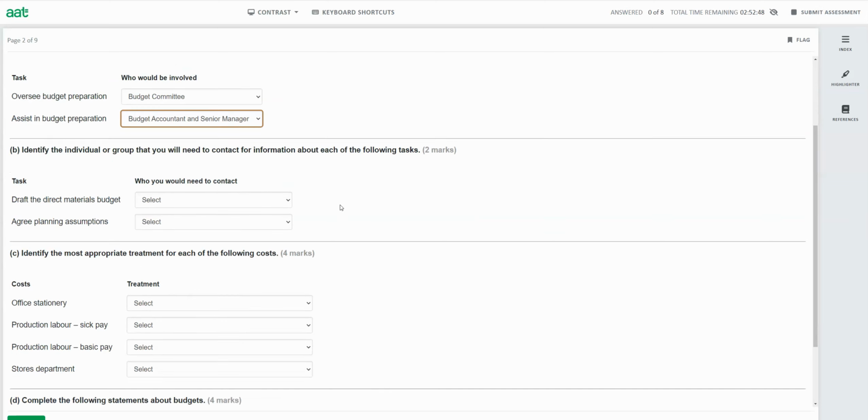The next one we have here says: identify the individual or group that you will need to contact for information about each of the following tasks. The first one is draft the direct material budget. You can see that with direct material, the material is linked with two persons: who buys the material and who uses the material.